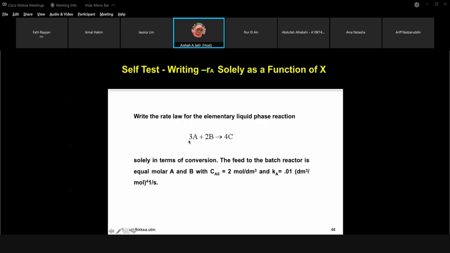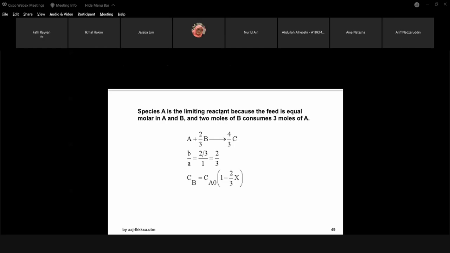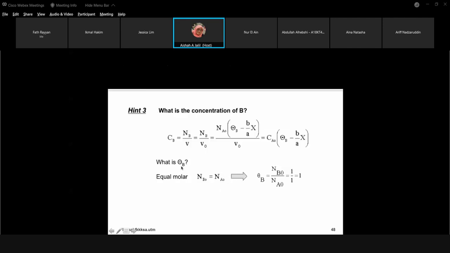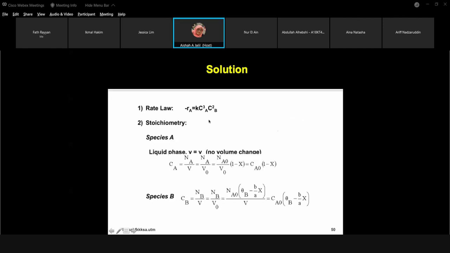So for A, you have to divide by 3 like this, and then you get CB equal to CA naught times theta B, where theta B is 1 because equimolar, minus 2 over 3 x. So you get CB in terms of x. Okay, this is the solution.